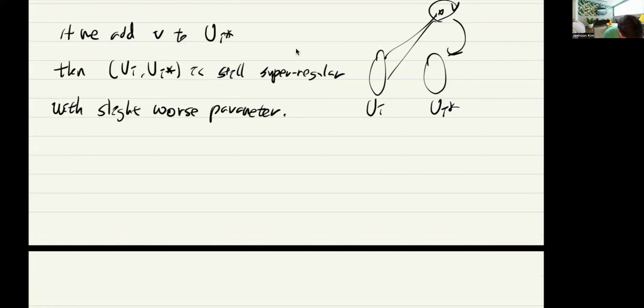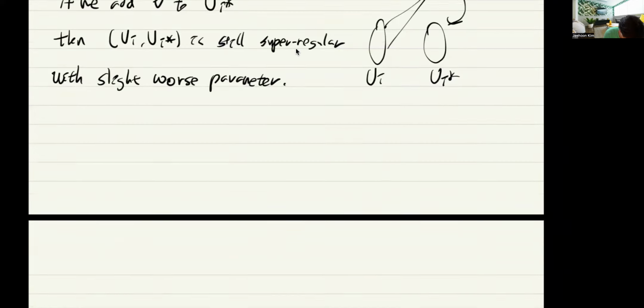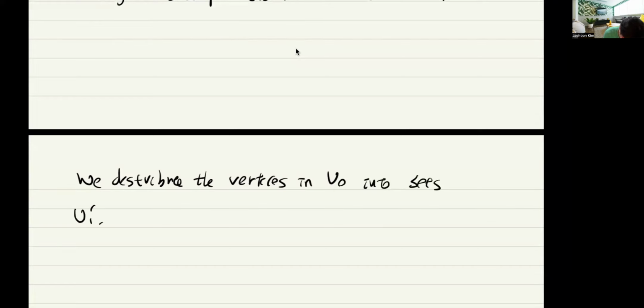So with this purpose in mind, we distribute the vertices in V0 into sets U'_1 to U'_r, such that the following holds.